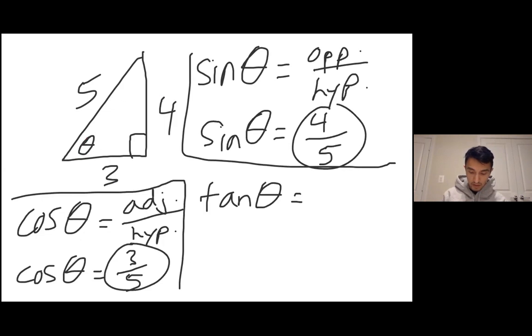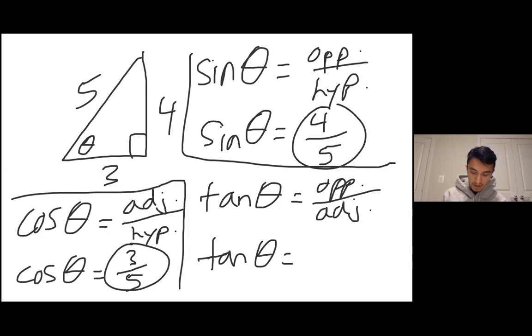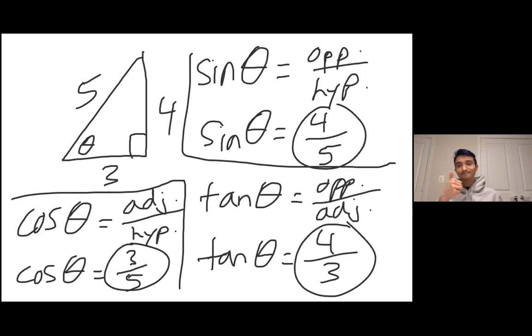So opposite over adjacent. That means the tangent of this theta in particular is 4/3. Awesome. Good job. And that's for this theta, right? If theta was in the other corner, things change, obviously, because now the opposite sides are different. The only thing that doesn't change is the hypotenuse, of course.